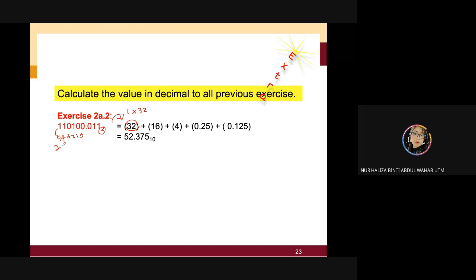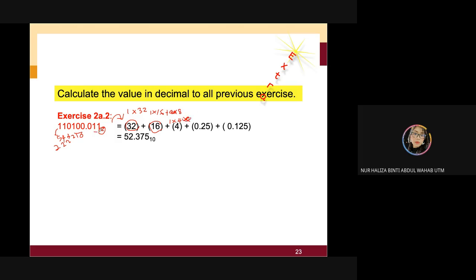And here is to the power of 4. You will get 16. So basically 1 multiplied with 16. And there will also be 0 multiplied with 8, which is to the power of 3, but because of 0, it is not shown here. And then you have 1 times 4, 2 to the power of 2. And the rest is 0, 0, that's why it's not showing here.